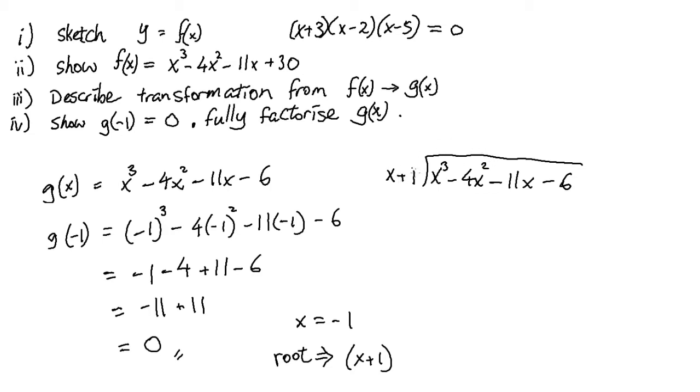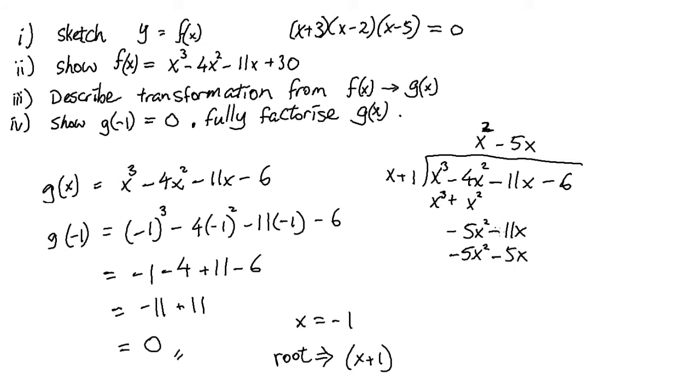In order to get an x cubed, we need to multiply by x squared, and so this would be an x cubed plus an x squared, and this would give us minus 5x squared. Now put this minus 11x down, and we have to multiply this value by minus 5x in order to get that minus 5x squared, and you subtract another 5x from here.